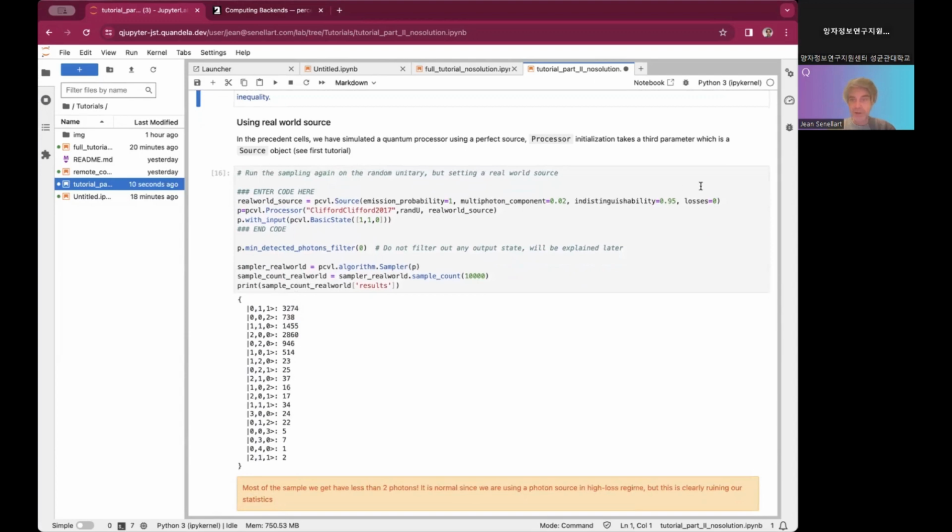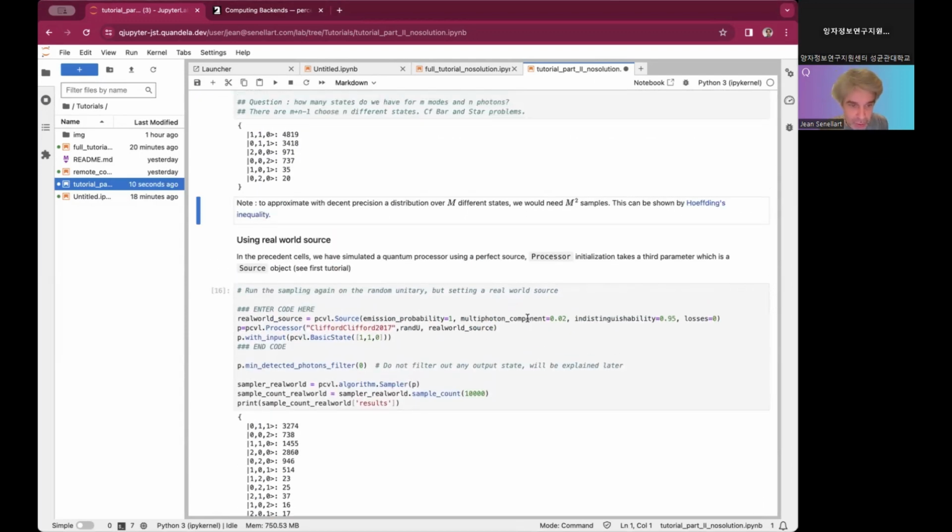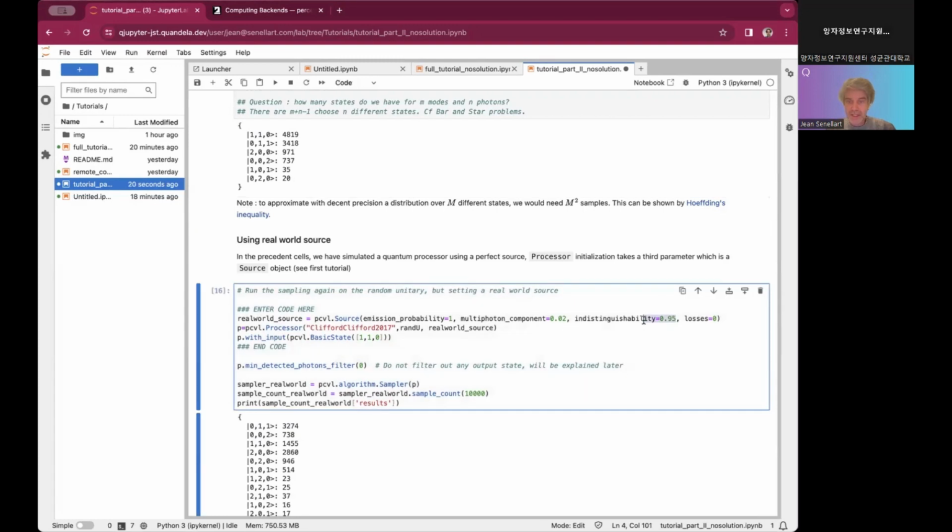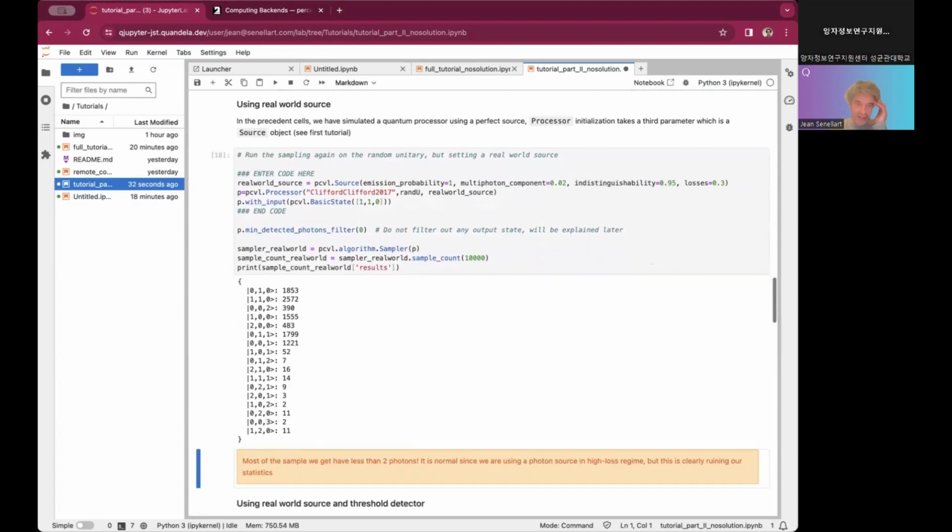It's expected because of that. However, if we look at the distribution, we would see that the distribution is not exactly the same because the source is not perfectly indistinguishable. So that is what we'll be looking at a bit more carefully. So let's put back some loss here, 30% loss in there.